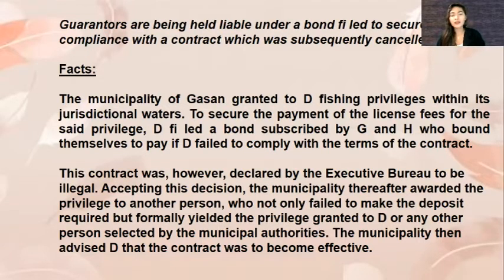Accepting this decision, the municipality thereafter awarded the privilege to another person, who not only failed to make the deposit required, but formally yielded the privilege granted to him to the municipal authorities. The municipality then advised D that the contract was to become effective.